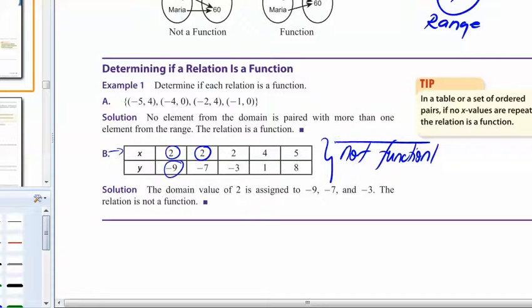Why am I saying that? Because for the same input x equals 2, and you can see another example here, my output is different. This is a relation, but it's definitely not a function, because for the same 2, I can get different values.